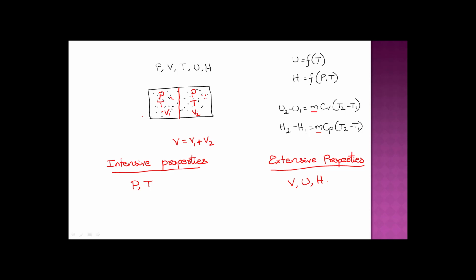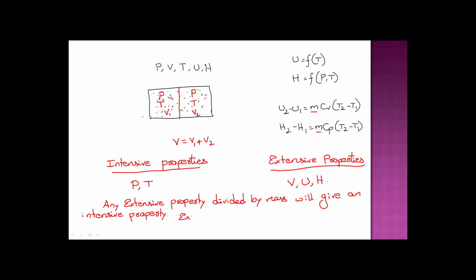Now, any extensive property divided by mass will give an intensive property. For example, you can take specific volume, small v, which is volume by mass.